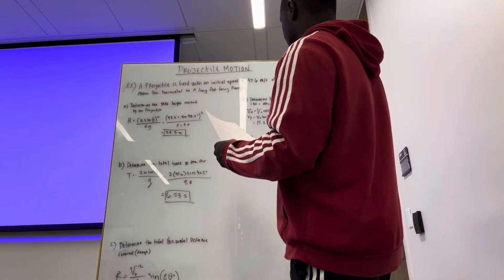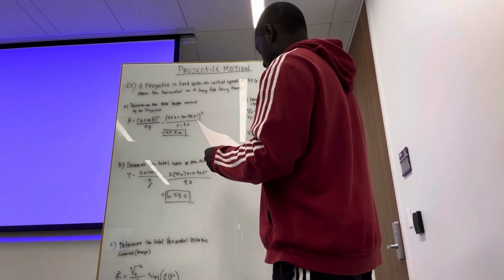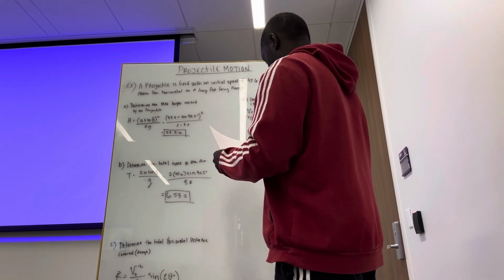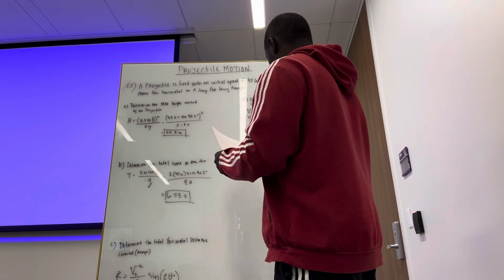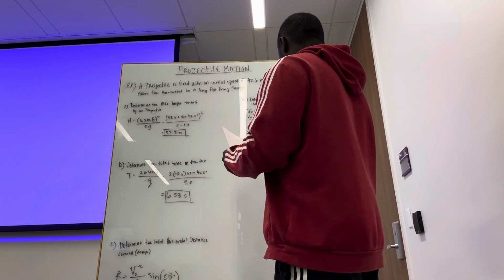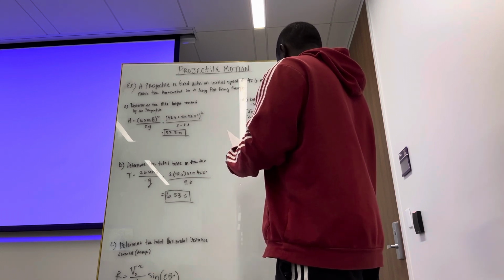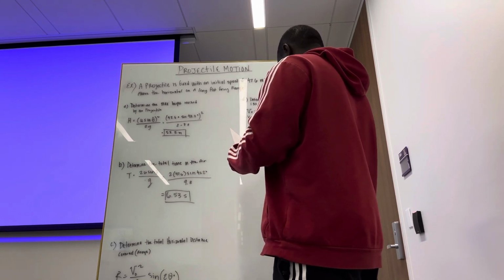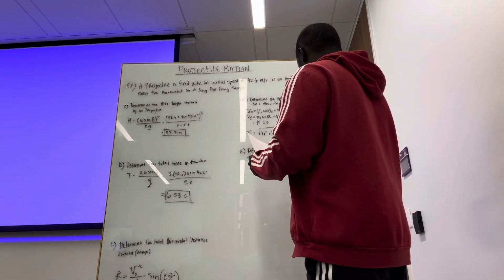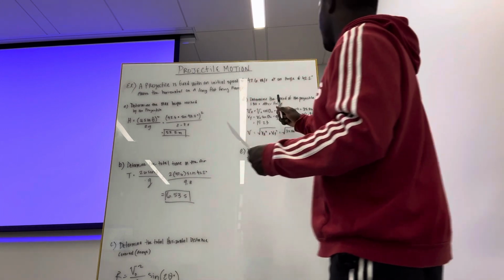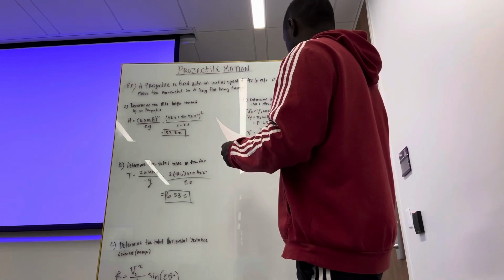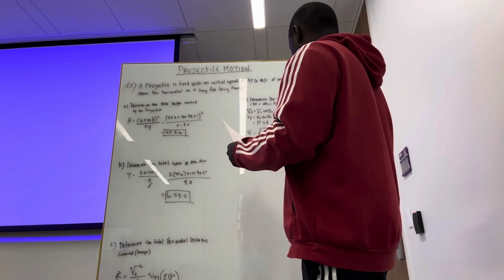And by taking our x and our y, we're going to plug them into this equation: the square root of x squared plus y squared, which is 35.26 squared plus 19.23 squared. And that's going to get us the speed of the projectile 1.3 seconds after firing, which is 40.2 meters per second.